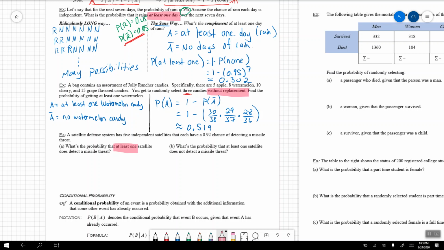And now how many are we looking at? We're looking at 5 independent satellites. Again, independent means that one probability happening does not affect the other probabilities happening. So let's look at this. We want to find the probability of at least one satellite detecting a missile threat.